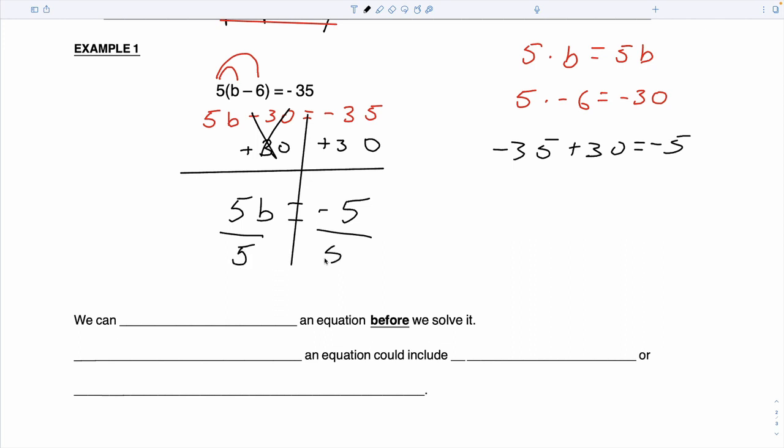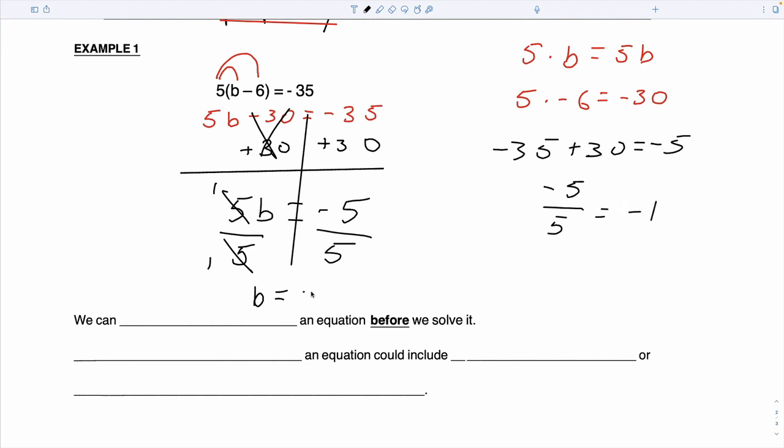Okay, 5b divided by 5 is just b. 5 divided by 5 is 1, and we know 1 divided by 1 is just a 1b. You can rewrite it as b. -5 divided by 5 is what? Avery?